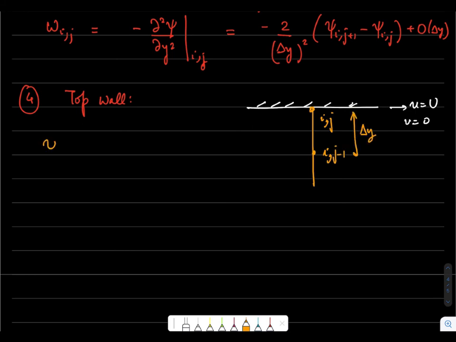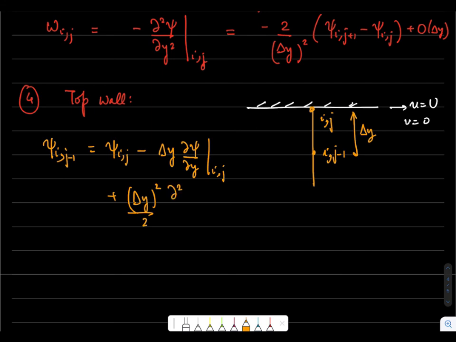So now I can write psi i,j-1 to be psi ij minus delta y d psi dy at i,j plus delta y squared by 2 d2 psi dy squared at ij plus an order delta y cubed term.